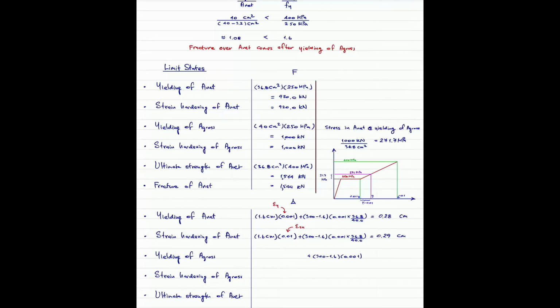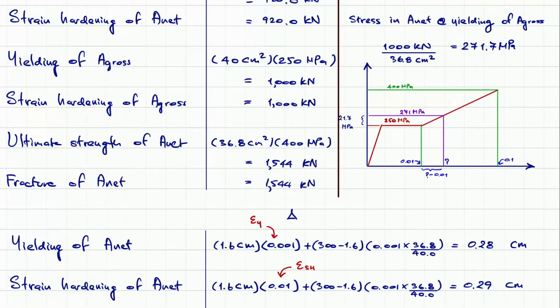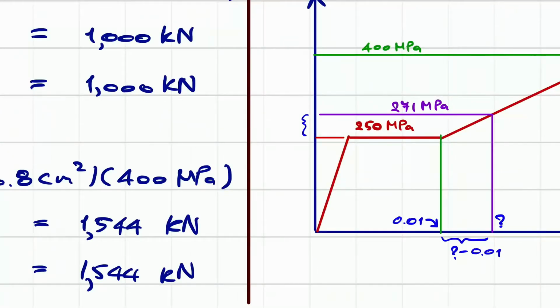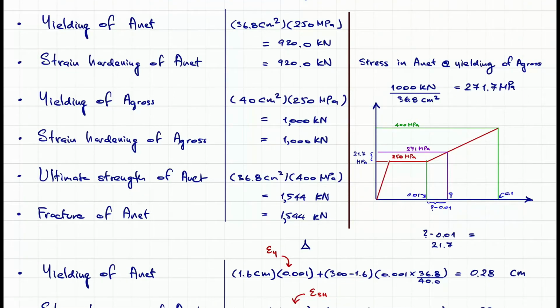Okay, so question mark minus 0.01 divided by 21.7 is equal to 0.1 minus 0.01 divided by 400 minus 250.